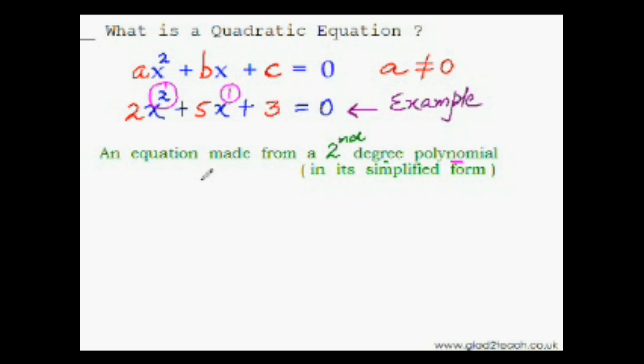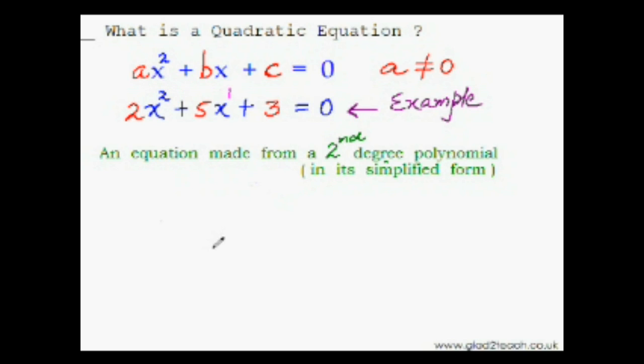But if there is any variable in this entire expression which has a negative power, like let's say x raised to power minus 1 or minus 2, whatever, any negative power, or it has a fractional power like x raised to power 1 by 2, which is another way of writing root x, then it will not be a polynomial, and as a result it will not be a quadratic equation. I hope it is very clear.